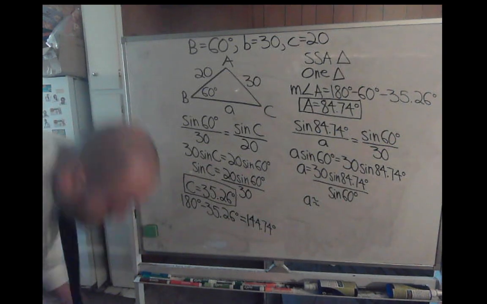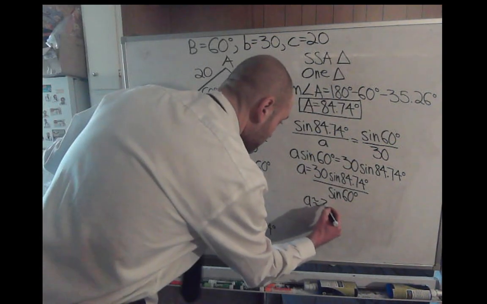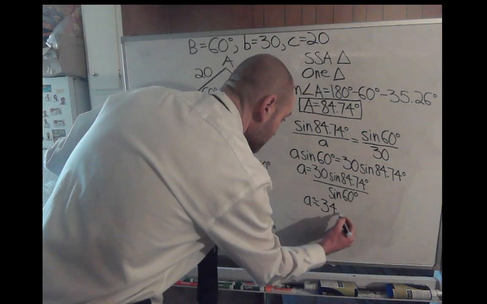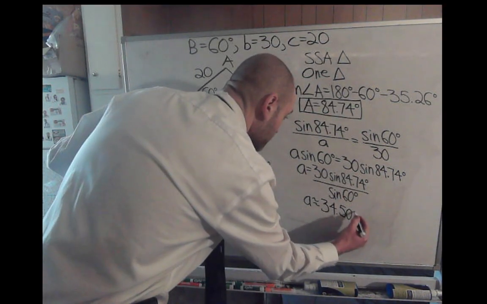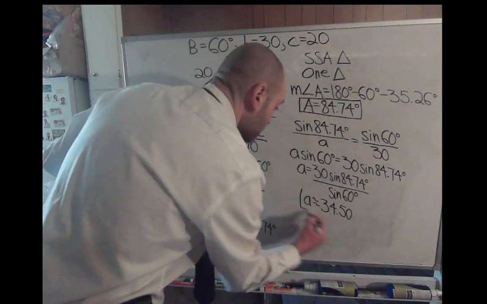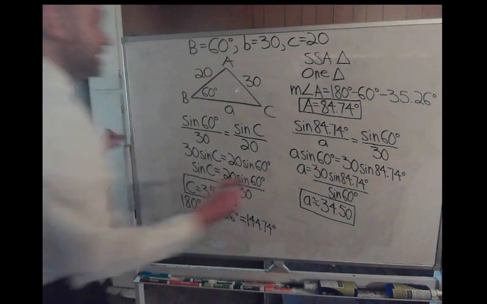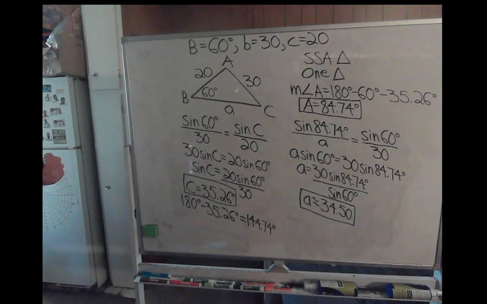We should get about 34.50. So side A would have a length of about 34.50. That's what we should get.